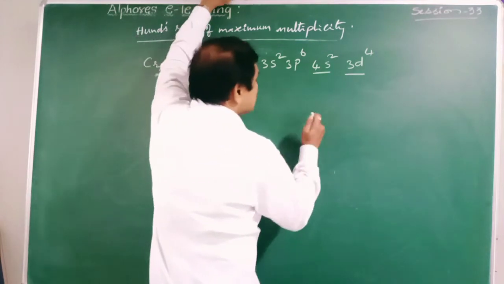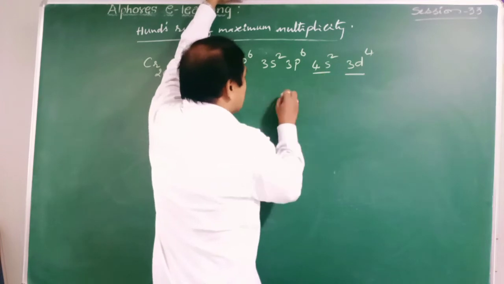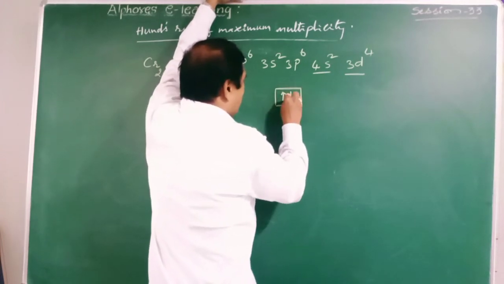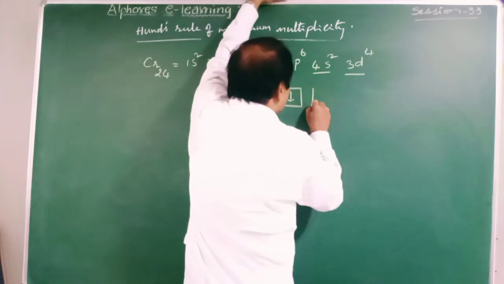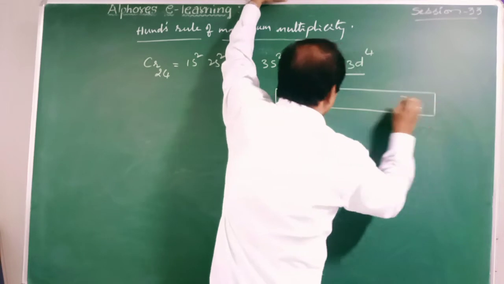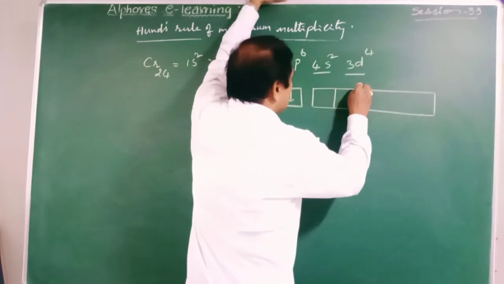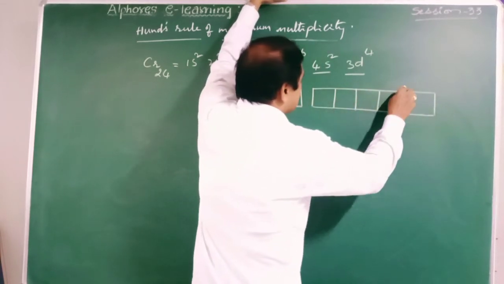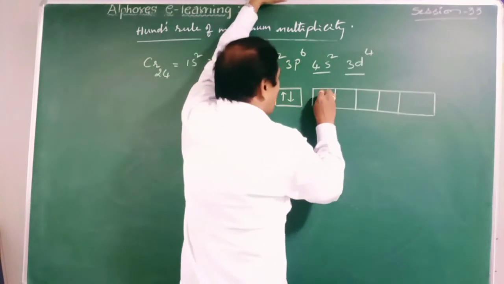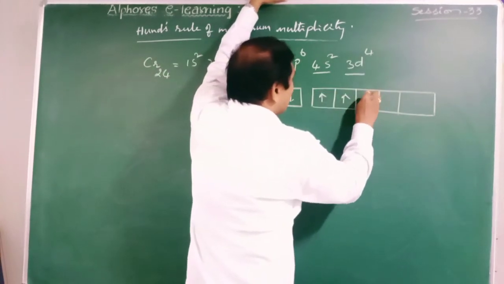So this is 4s2, and half-filled d orbitals are more stable. There are 5 d orbitals, and in the normal configuration the d subshell contains only 4 electrons.